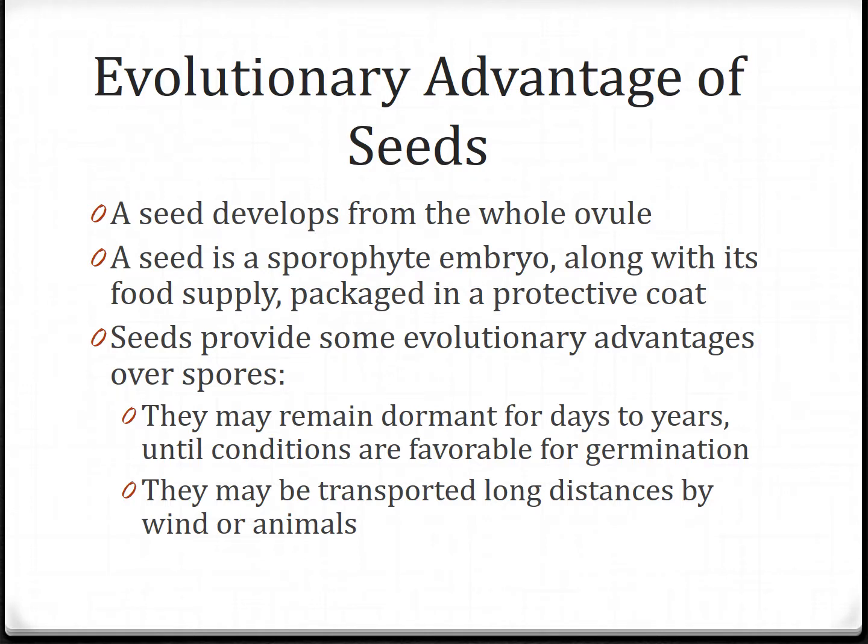If you remember back to the cell respiration lab, we looked at germinated versus non-germinated peas. The non-germinated peas, of course, had a very, very low cell respiration, versus the germinated peas that were actively growing and going through cell respiration, which had a higher rate. And then they'll stay dormant until conditions are favorable.